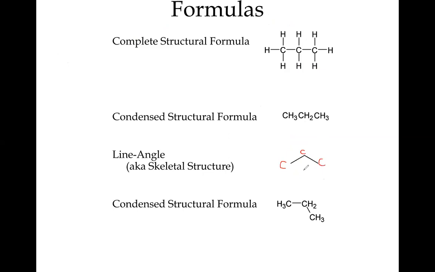And if there's no other element designated, we just assume that these carbons have the correct number of hydrogens to make them stable. So this end carbon here has 3 hydrogens, and this one is going to have 2, right? And then the last one is also going to have 3. And now it's starting to look a lot like the complete structural formula.